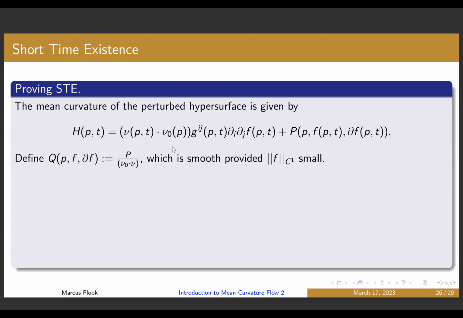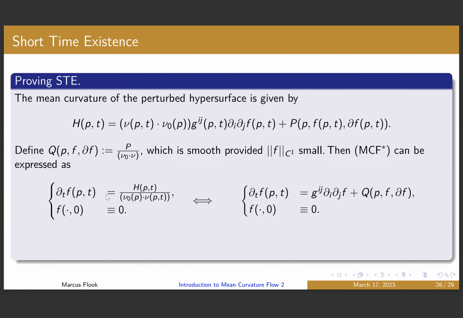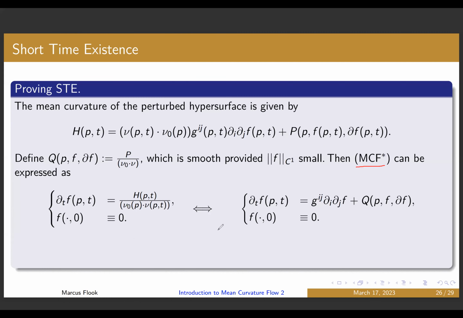Now, rearranging the initial PDE that we had, this was the mean curvature flow star. In this case, we can express the mean curvature terms by this very nice elliptic component here and a smooth component here, provided again that the inputs are sufficiently small.